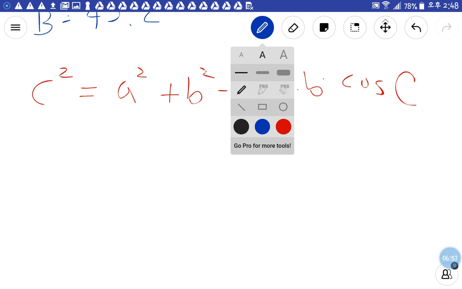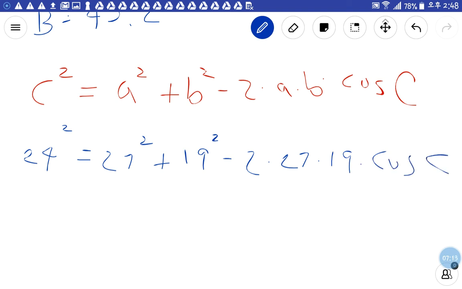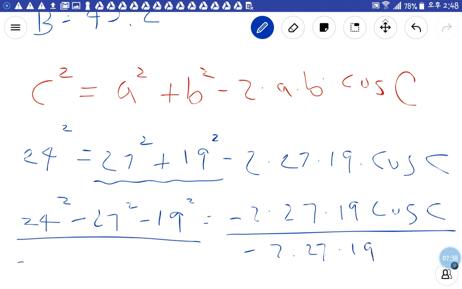My C is 24: 24 squared equals 27 squared plus 19 squared minus 2 times 27 times 19 times cosine C. Move the first two numbers over: 24 squared minus 27 squared minus 19 squared equals negative 2 times 27 times 19 times cosine C. Divide by negative 2 times 27 times 19, then you can isolate cosine C.